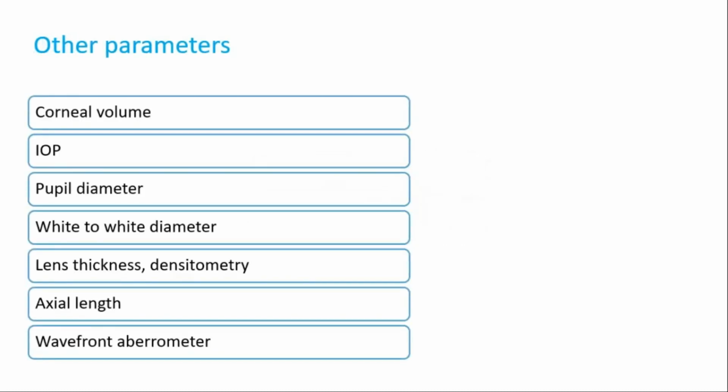The other parameters we have to look for are the IOP and white to white diameter, and also we can assess lens thickness and densitometry, and also aberrations of the cornea.